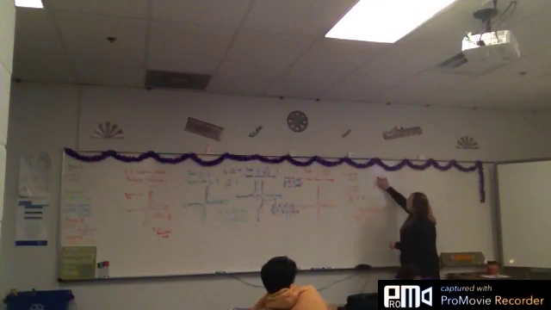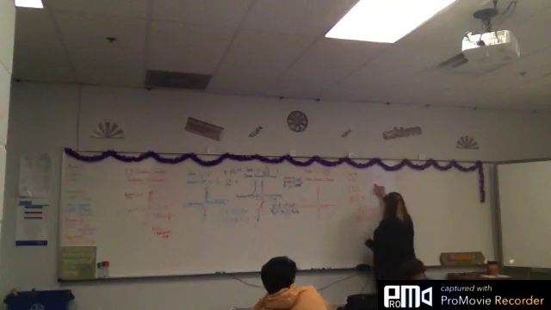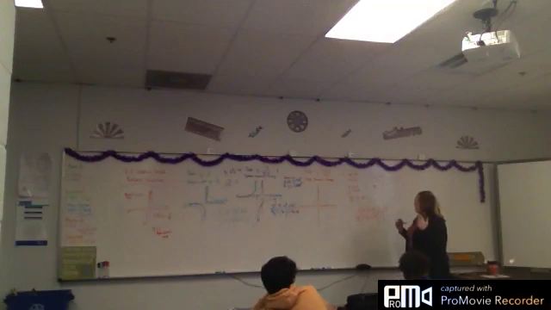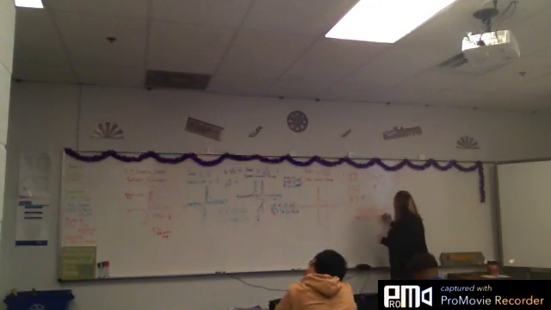Plug in 4. 4 times 2 is 8, plus 1 is 9, and then 9 divided by 1 is just 9, yes? Plug in 6, correct? 2 times 6 is 12, 12 plus 1 is 13, and 6 minus 3 is 3, so 13 divided by 3 is 4 1/3.